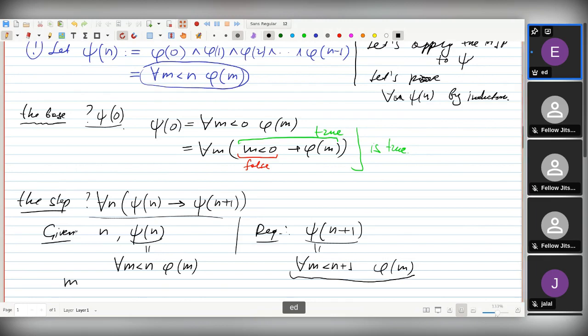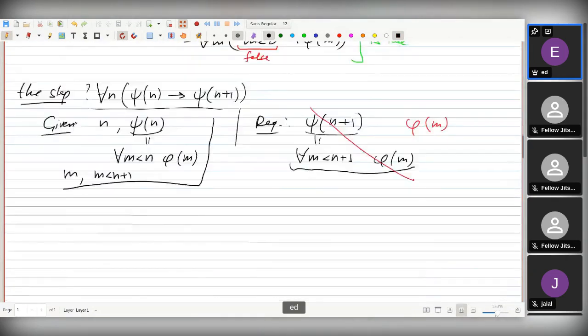So let us add this m to what is given, and also assume that m is indeed less than n plus 1. With this new assumption, it suffices to prove phi of m. Is it clear?